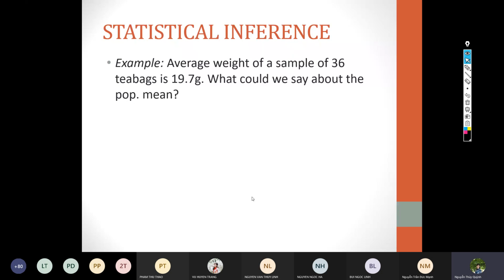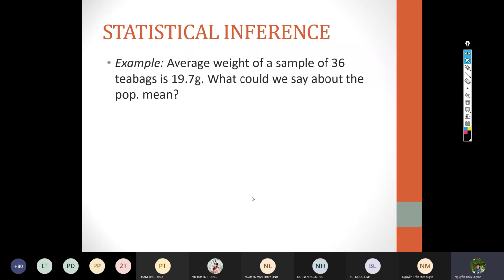Now we cannot collect the data of the weight of all tea bags manufactured by that company. So we choose the second way: we take a random sample. We take a random sample of 36 tea bags manufactured by that company, and that sample provides a sample mean.